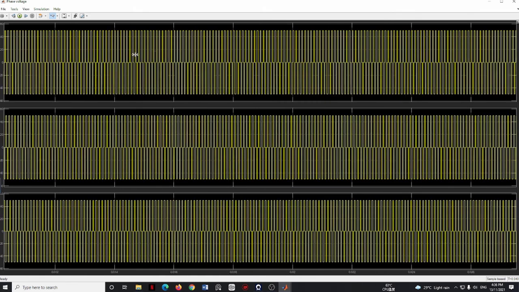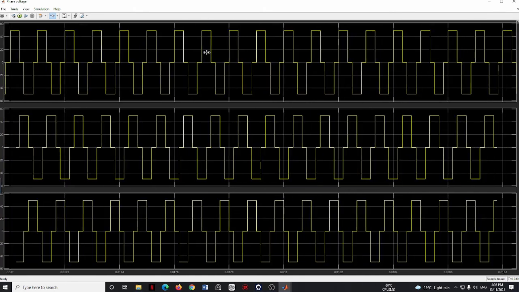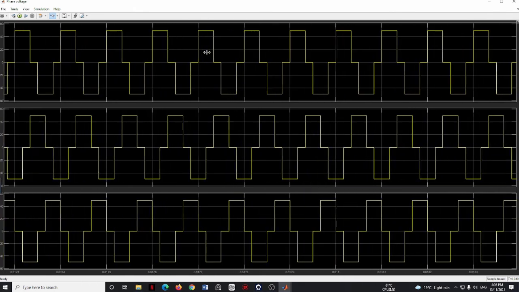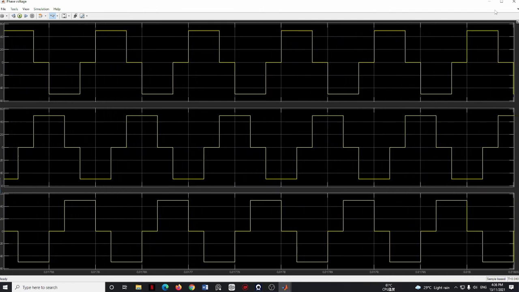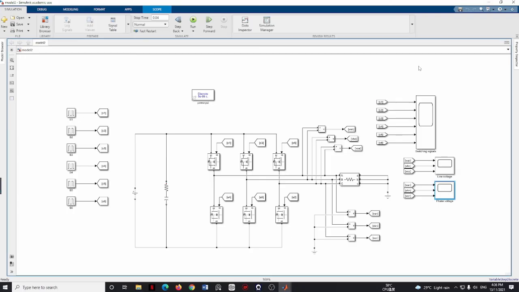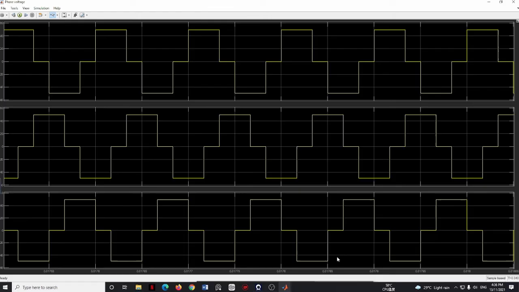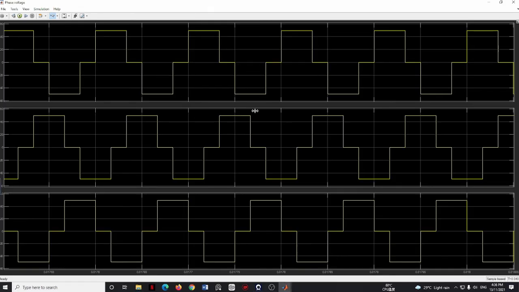This is the phase voltage. This is VAN, VBN and VCN.